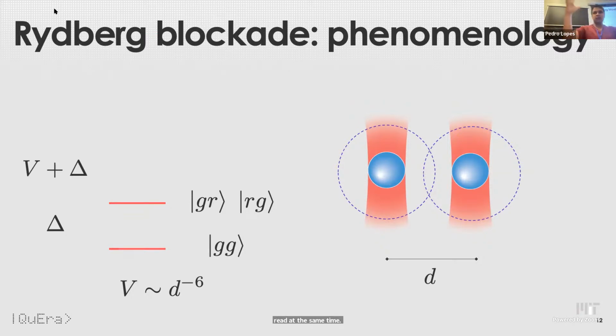Therefore, by taking a collection of atoms and trying to push them all to be excited, if they are close enough, I have a constraint that says only one of them is going to be excited, and the others around them will not be excited. So this Rydberg constraint is directly encoded in the system.